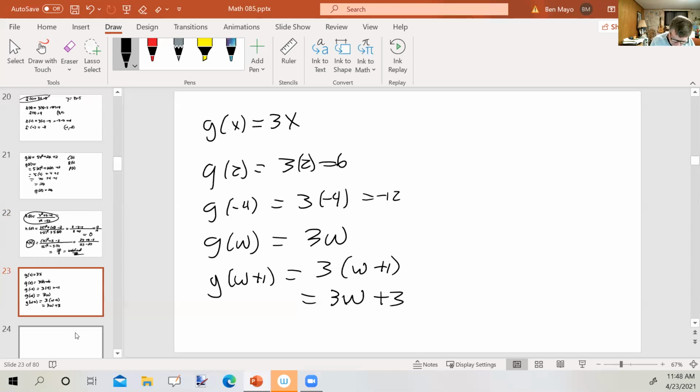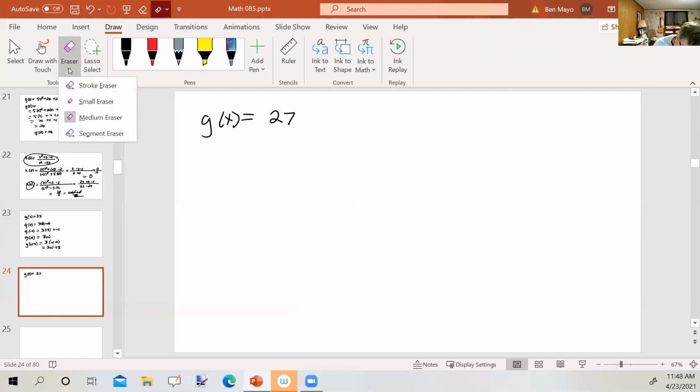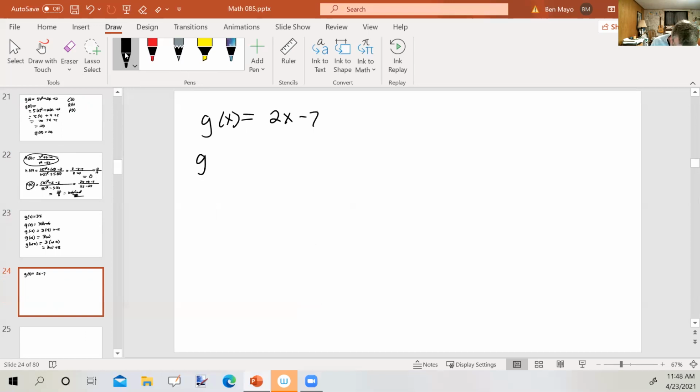Let's say we've got g of x equals 2x minus 7. G of w would be 2w minus 7.